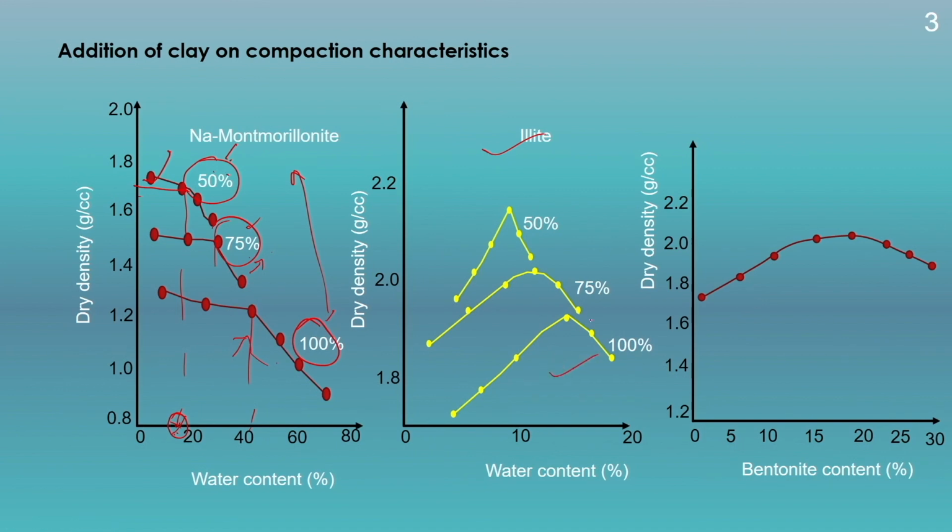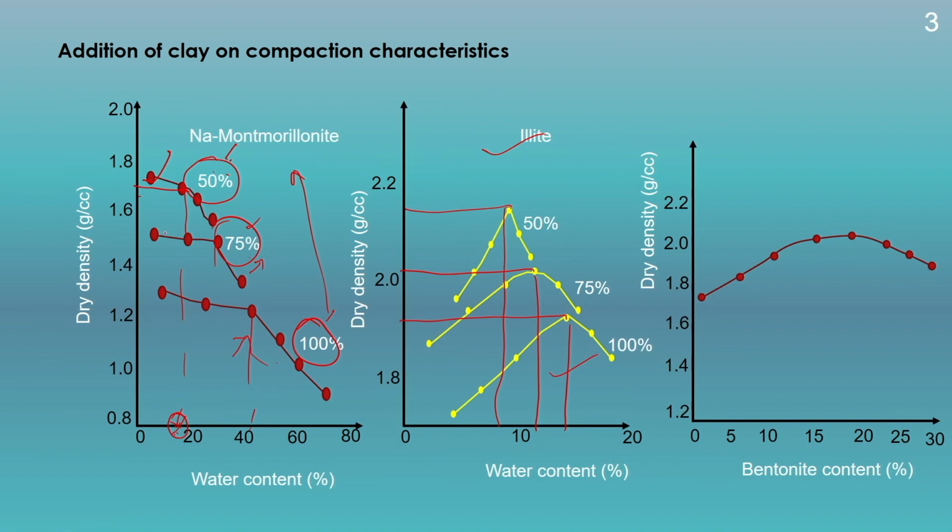If we compare with the illite, an identical trend will be obtained. That means, with decrease in the illite contained in the mixture, the maximum dry density of the illitic soil will increase and the optimum moisture content of the soil will decrease.